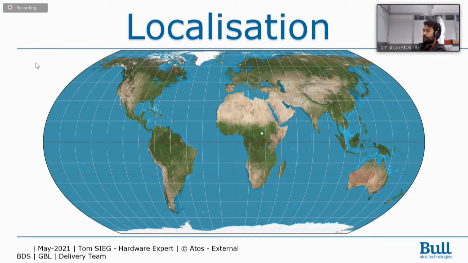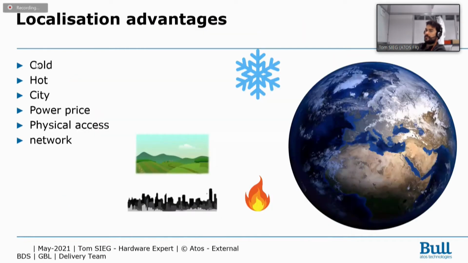For example, you will be able to put it on the Arctic Circle to optimize your cooling. You will be able to put it in Europe to have more efficient people to work on it, etc. So localization is an important aspect, and you have to focus on advantages and risks.